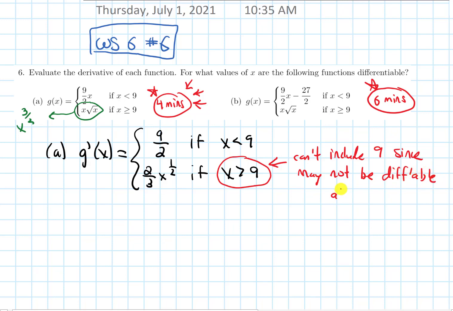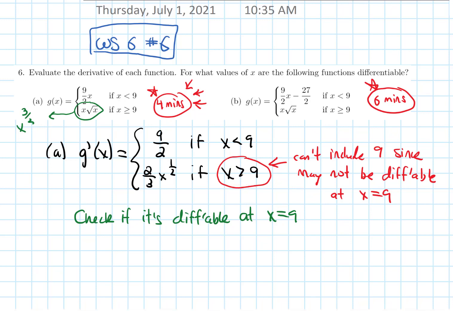It may not be differentiable at x equals 9, at that transition point from one piece to another piece. Okay, so the only point I need to worry about is x equals 9. So check if it's differentiable at x equals 9. Because if it is differentiable, I will get to put an equal sign here.